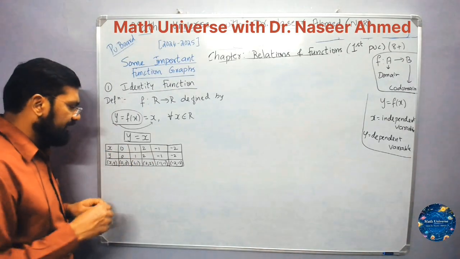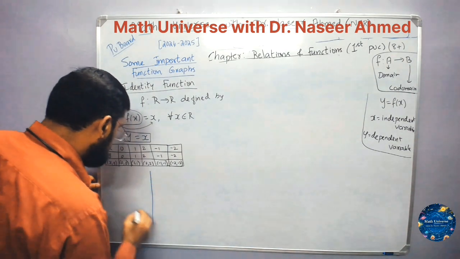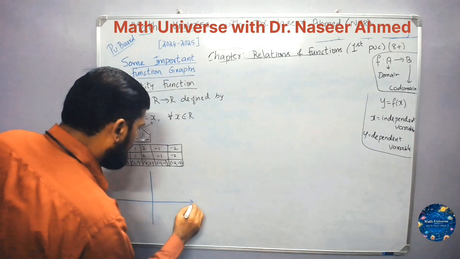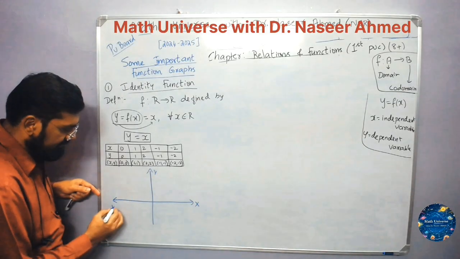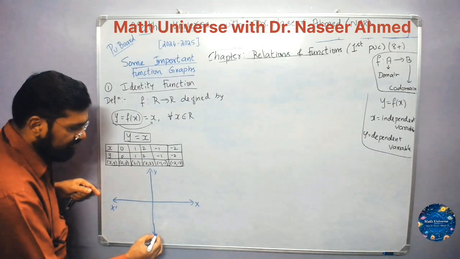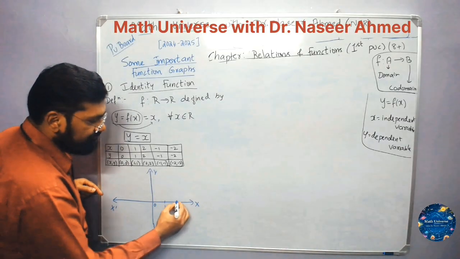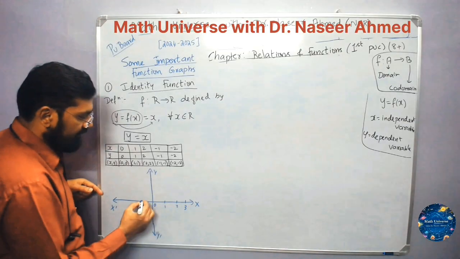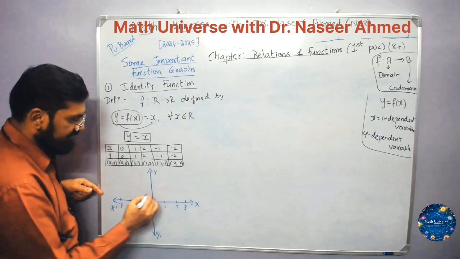Now let us plot the graph. Make sure in examination, take a pencil, scale, eraser, sharpener, spend some time, and draw the graph neatly. Okay. Now, 1, 2, 3, minus 1, minus 2, minus 3.